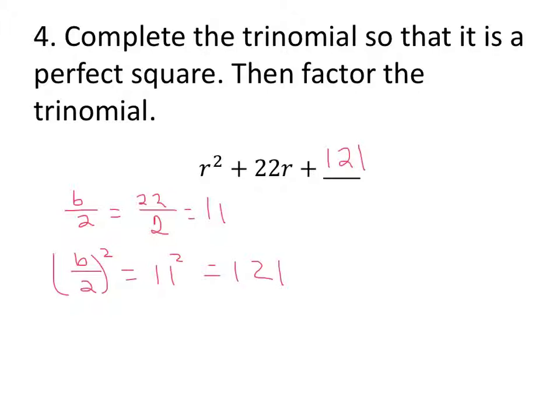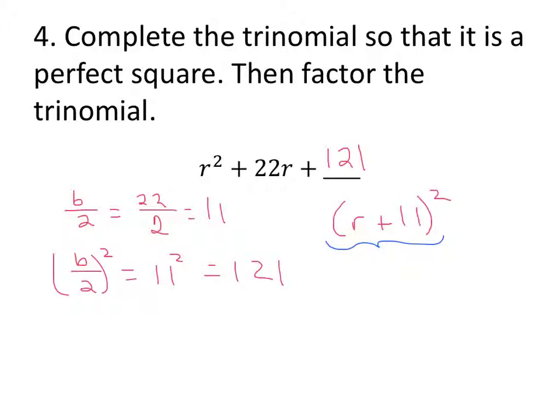And once we've done that, we can factor it by simply writing r plus b over 2, which is 11. So r plus 11 squared is our factored version. Okay, let's check our answer to see if that is correct. Is r plus 11 squared equal to r squared plus 22r plus 121?